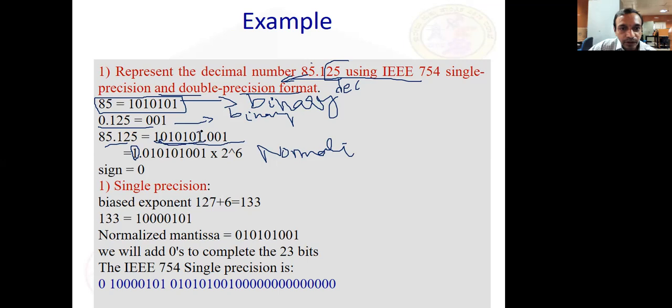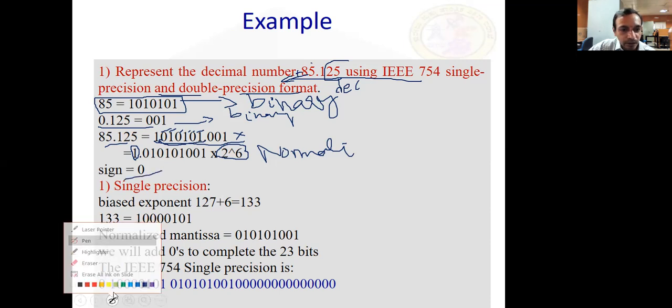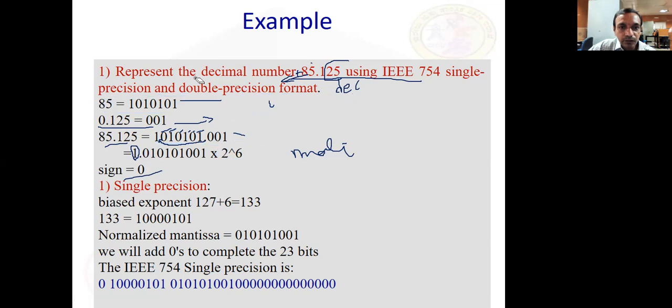How many positions did you shift? 1, 2, 3, 4, 5, 6 positions. So you are multiplying by an exponent 2 power 6. This is actually what you multiply by 2 power 0 kind of a thing, right? And since it is given as 85, it's assumed that it is plus, so the sign bit will be 0. So hope you got this point. So what should you do?